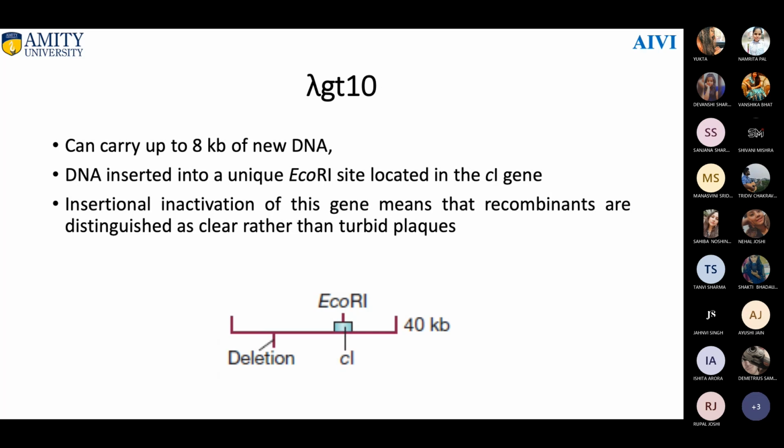Insertion inactivation of this gene means the recombinants give clear plaques rather than turbid plaques. So the quality of the plaque is the determining factor: the cI gene determines whether the plaque is clear or turbid.